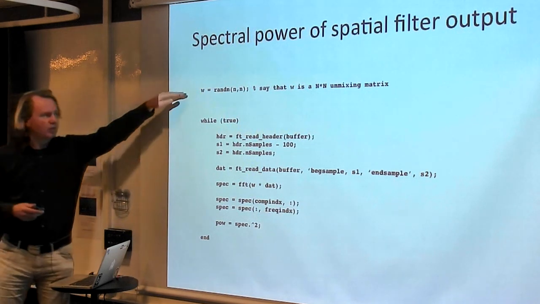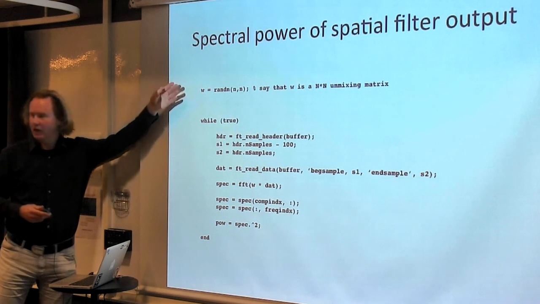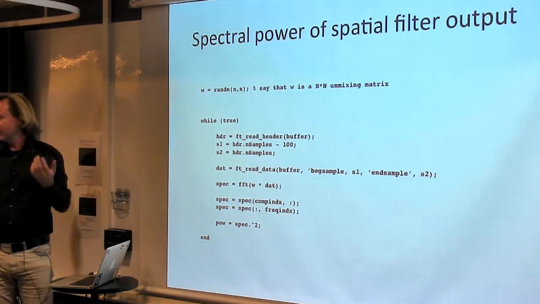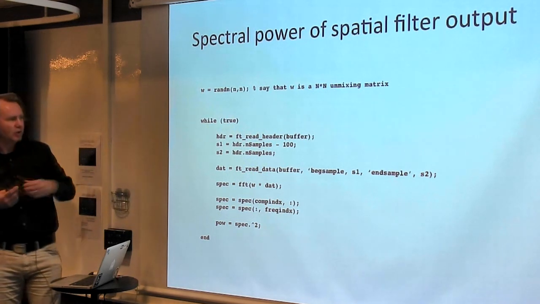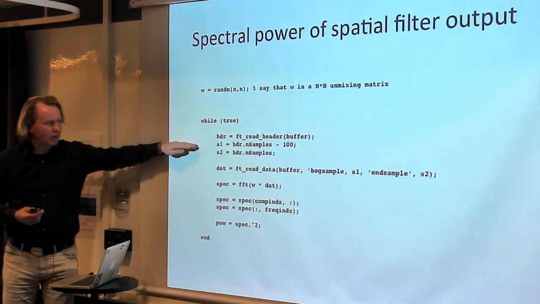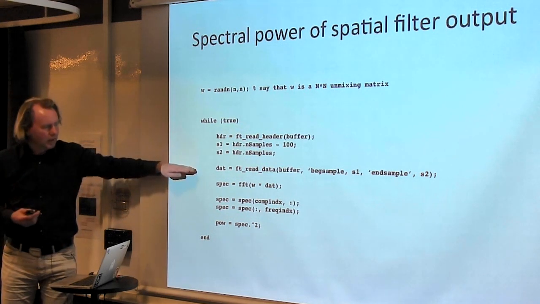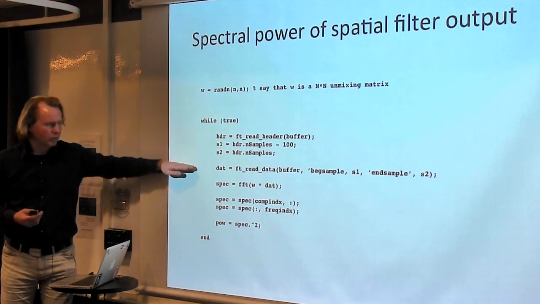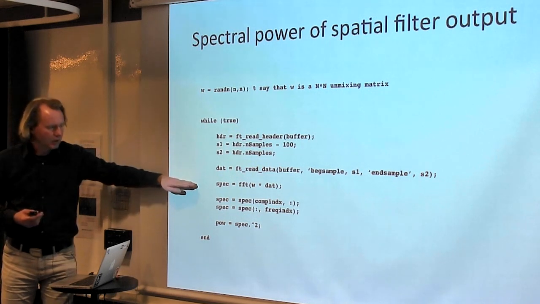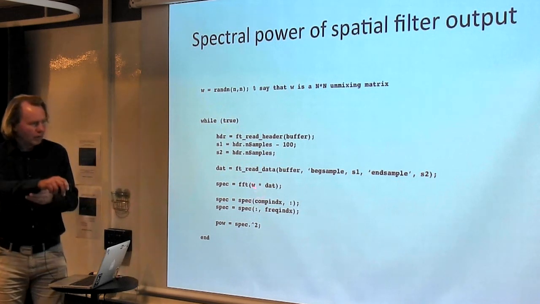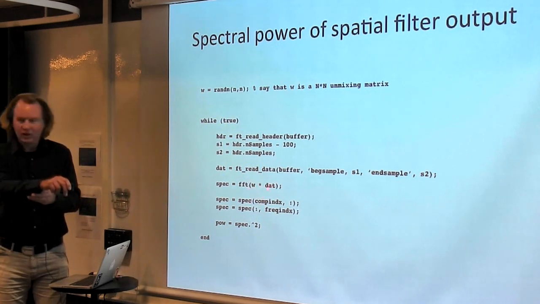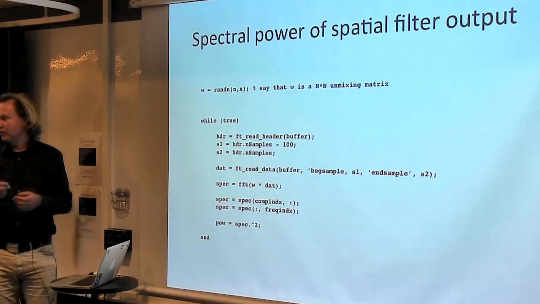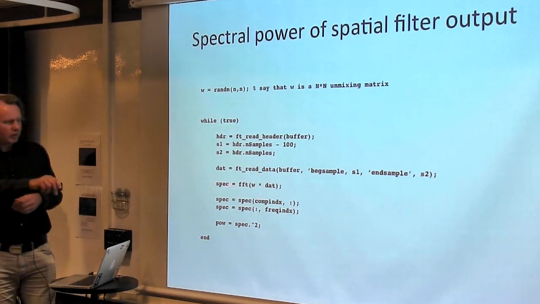Here I'm taking a spatial filter, which is an n by n unmixing matrix. Could also be an ICA based unmixing matrix. I read the header, define sample 1, sample 2. I read the data. And then on this line, I'm multiplying my spatial filter with the data, and then I compute the Fourier transform. So I have my spectral representation.